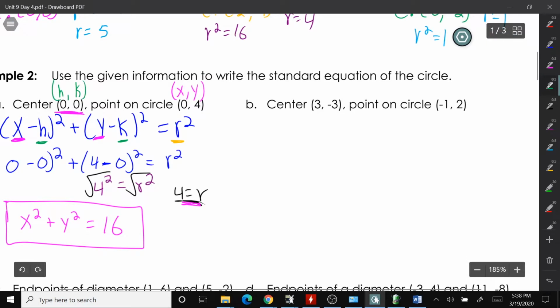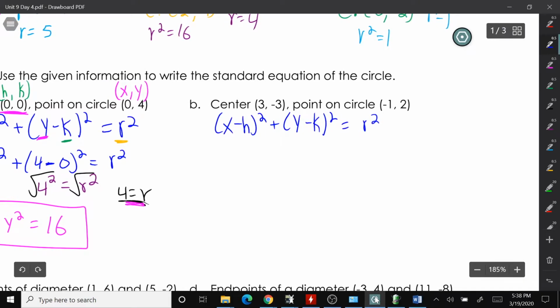So again, the equation of a circle, and we need to figure out what the radius is. Now, you could say, well, can't we just do the distance formula between the center and the point on the circle to get the radius? Yes, you can do that, but I know how much you guys despise the distance formula.